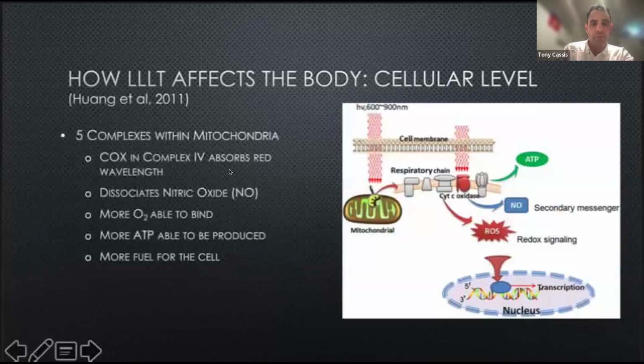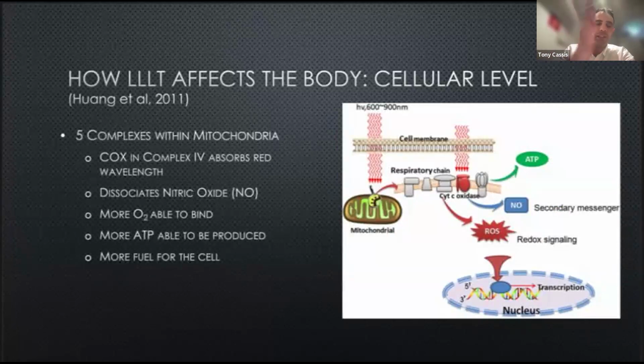Going back to first year chemistry and biology, within a mitochondria there are 5 complexes. Another key clinical concept within laser is that different complexes are sensitive to different wavelengths.